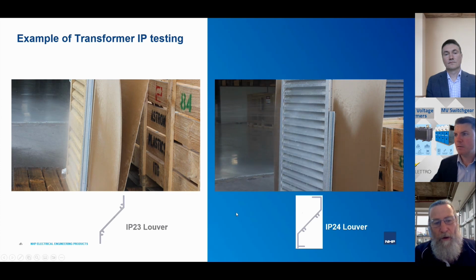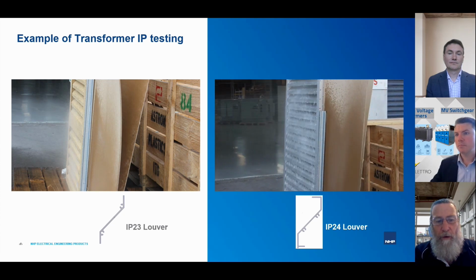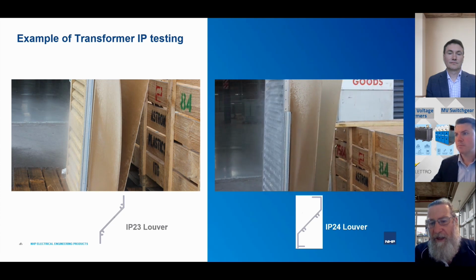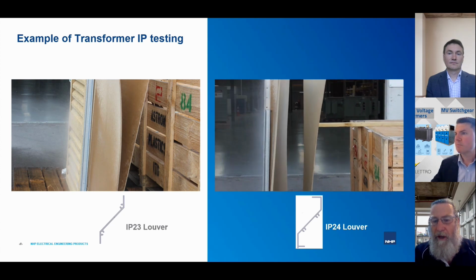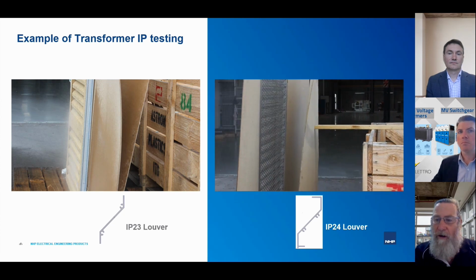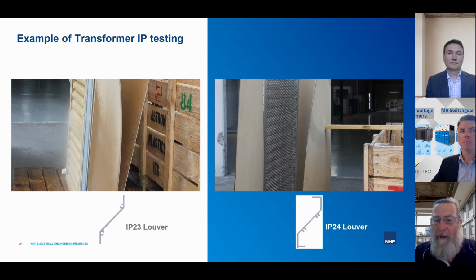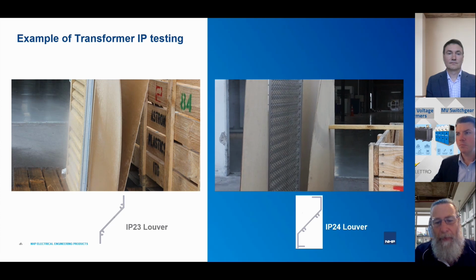There we go. What we're looking for is, in behind the louvers, we've just got some cardboard. You can see on the first video there was water getting through and making the cardboard wet. In the second video, you can see that the amount of water ingress through the louvers is almost zero, even though in this instance we're using a fire hose, so there's pressure involved. Effectively, those louvers were keeping the water out of the oil containment.